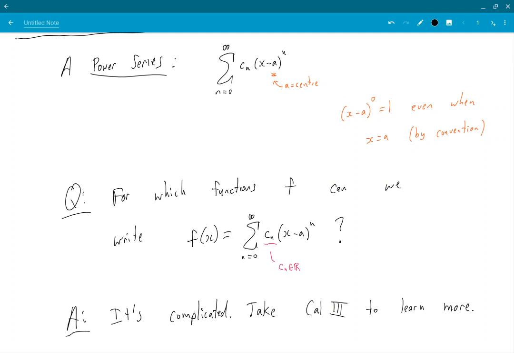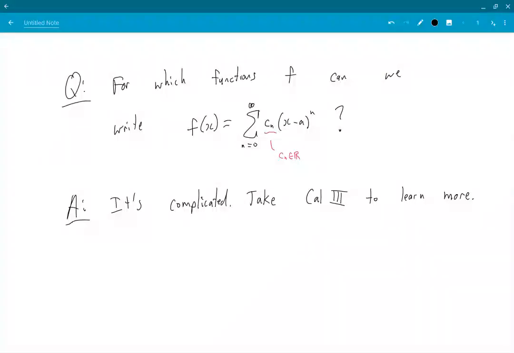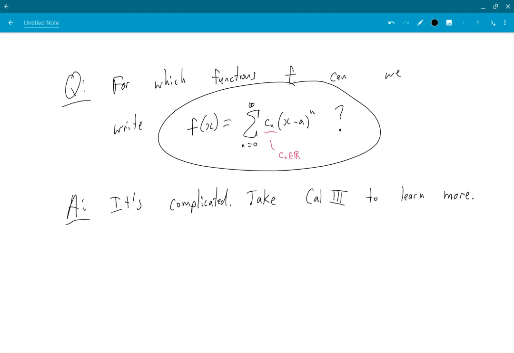For now, what we're going to do is assume that this works. So in Cal 2, we're going to assume that this works and then try to find this Cn here.